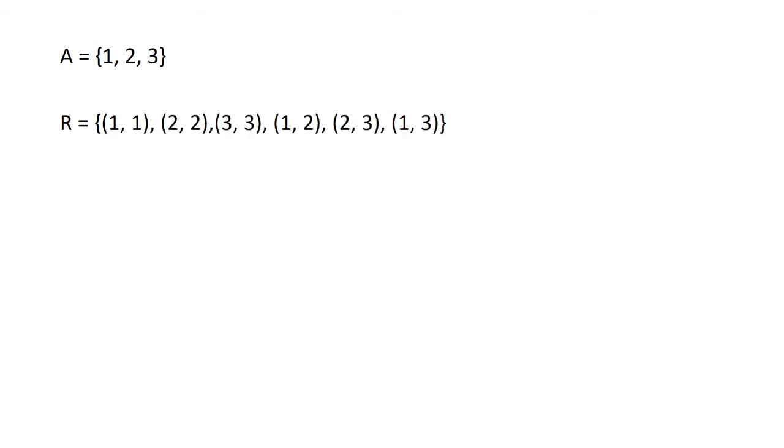Again the same set A equals to {1, 2, 3}. This time a relation has 6 ordered pairs, and you will observe in this case if a is related to b and b is related to c, it implies that a is related to c.